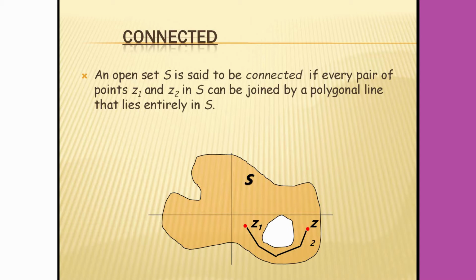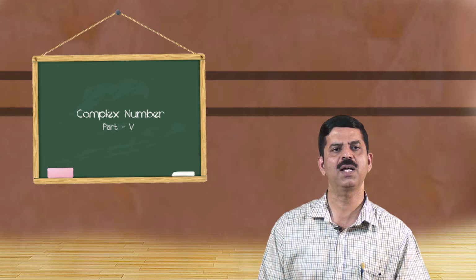See in the figure how connectedness is observed in the set of complex numbers. Z1 and Z2 are connected by a polygonal path as shown.